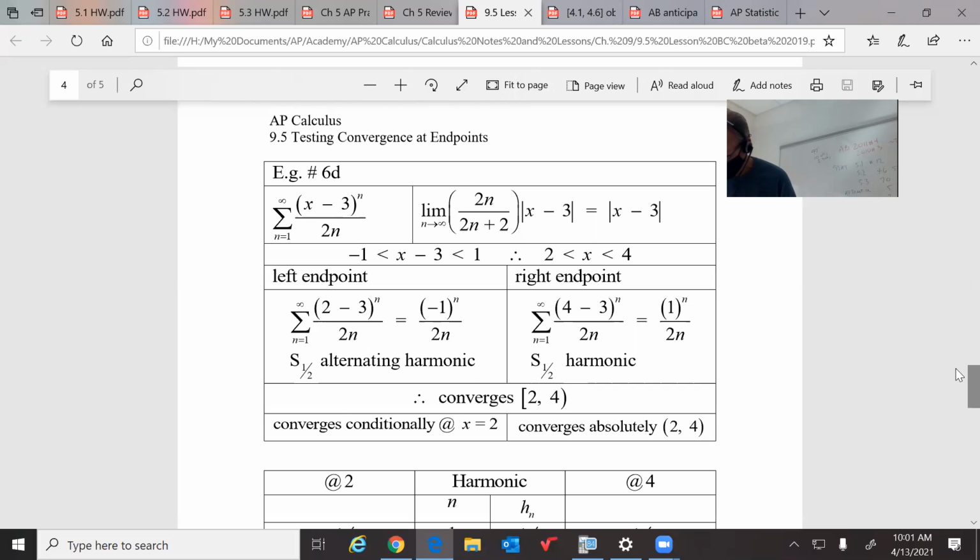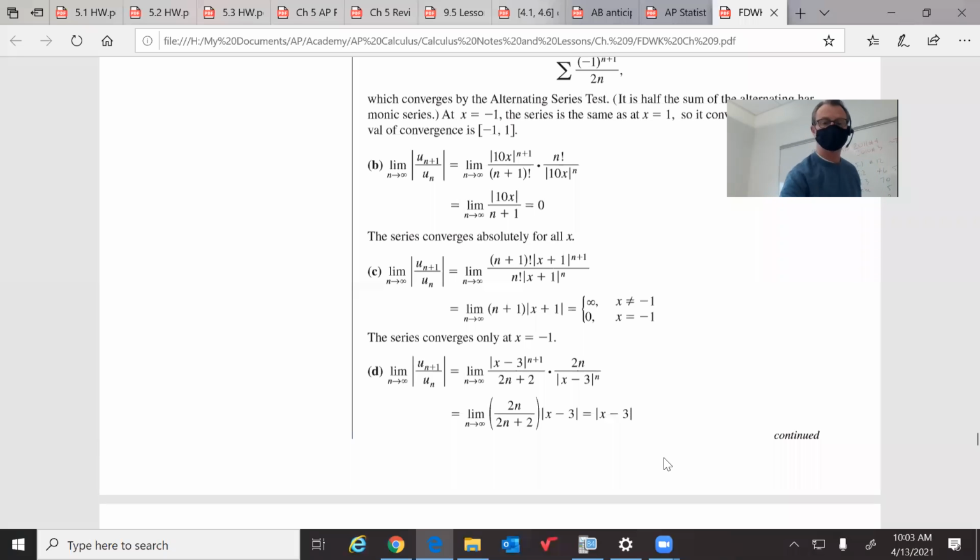Six D is just what's on the left. All right, so what's on the PDF is this. Here is the ratio test for 6D.